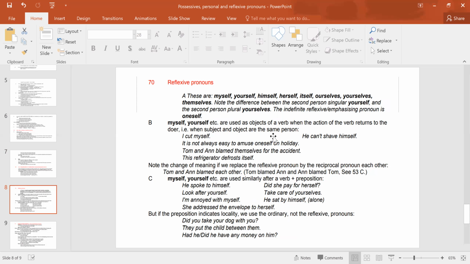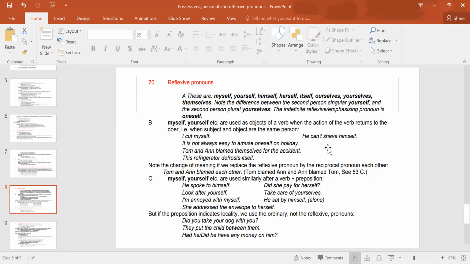So they are used as objects of a verb, but the action of the verb returns to the doer, when subject and object are the same person. For example, I cut myself. Here, myself actually returns to the doer of the action, that is I. I cut myself. Myself shows that it is I who cut myself.